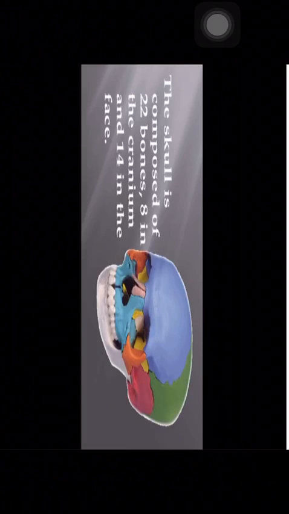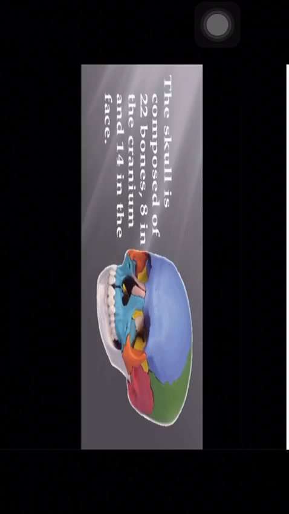Only that part of the skull is movable and the rest is immovable. Due to this movable bone of the lower jaw, we can talk, we can chew, we can sing.